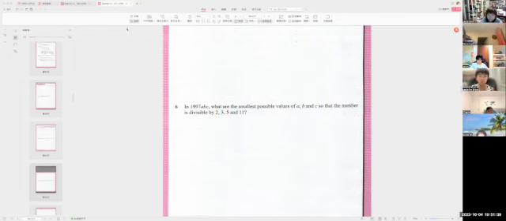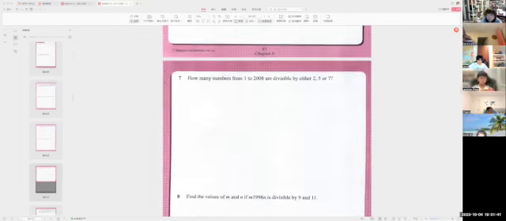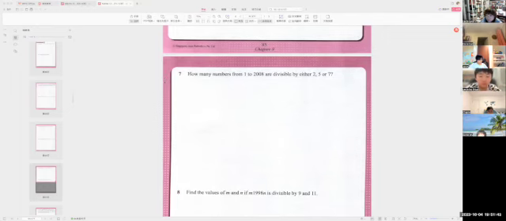Get it, everybody? Okay, so now let's take number 7. How many numbers from 1 to 2008 are divisible by either 2, 5, or 7?